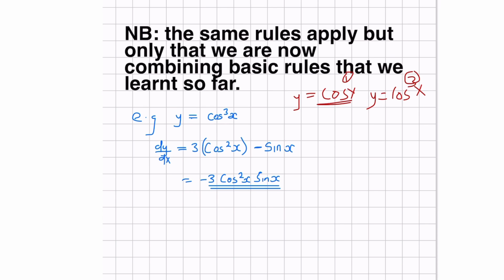So that's what I mean by when we are given trigonometric functions which have got a power that is not 1, right? That is 2 or more. So how do we go about solving such trigonometric functions? It's the same principles that we were applying. Remember that in the first video on differentiation, we had basic principles on solving expressions whereby we have got a power that is not 1.